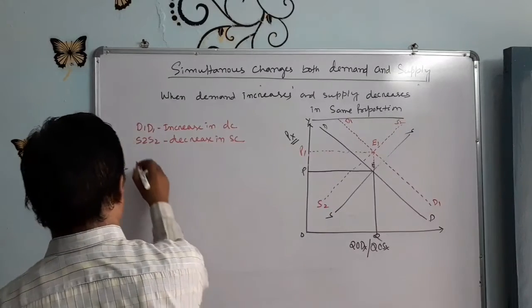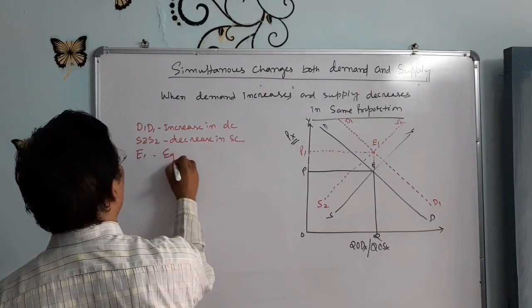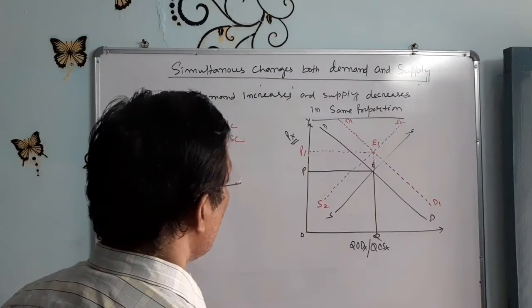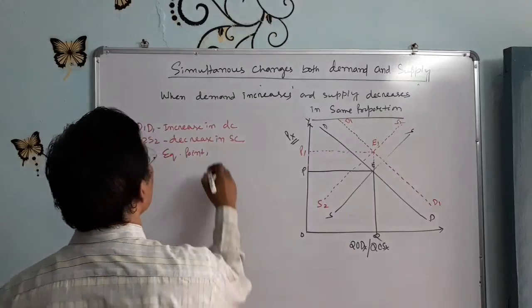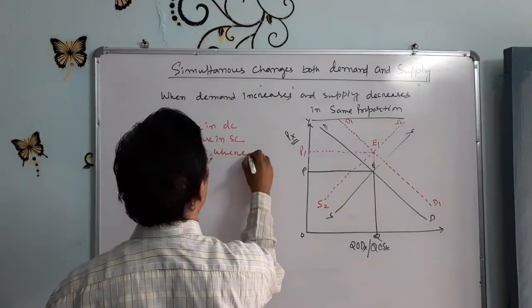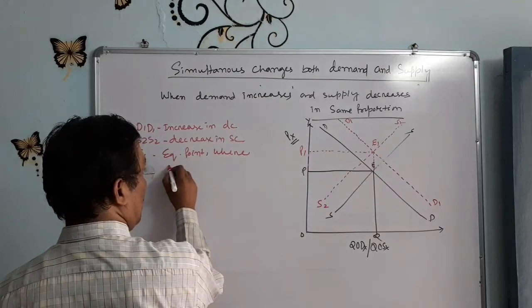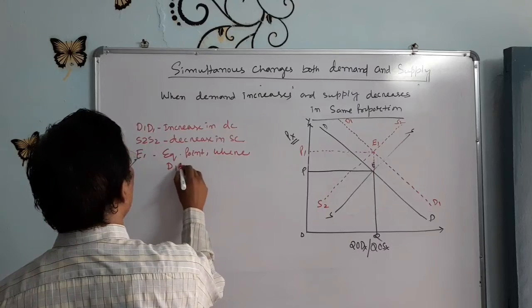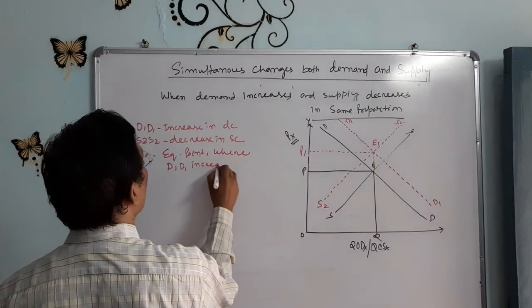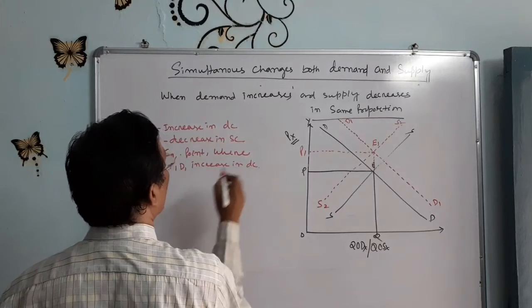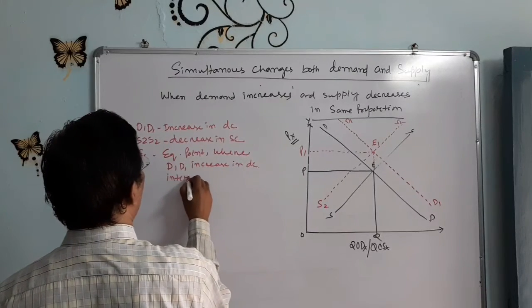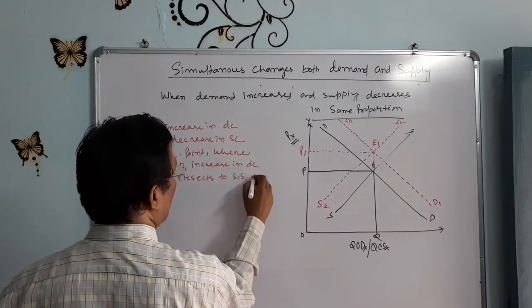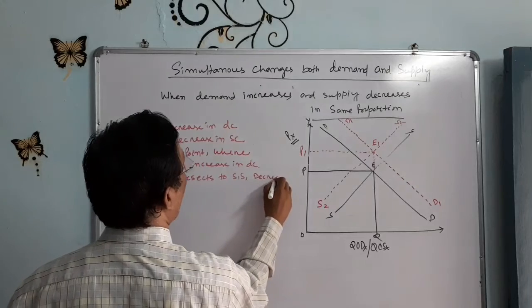So I will write here, E1 is the equilibrium point where D1, the increase in demand curve, intersects S2, the decrease in supply curve.